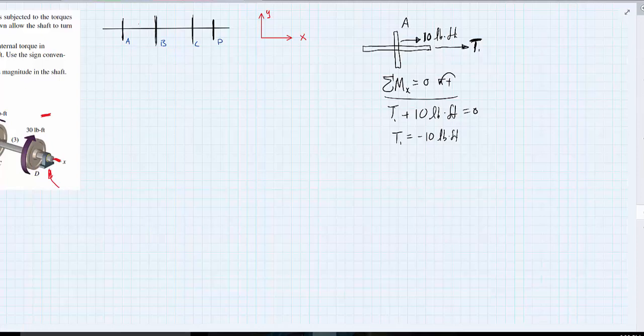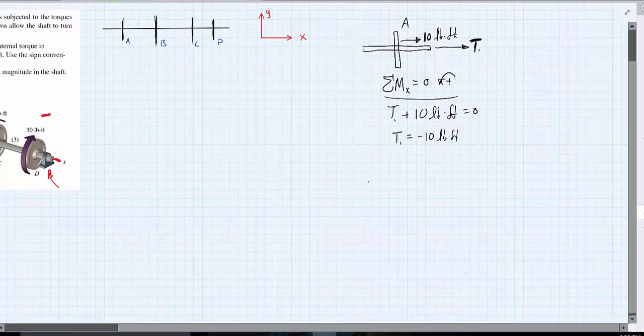So drawing the second free body diagram, we're going to extend this. We have A, and then B, and A has 10 foot-pounds acting this direction, B has 50 foot-pounds acting that direction, and then there will be an unknown torque called T2 acting that way.